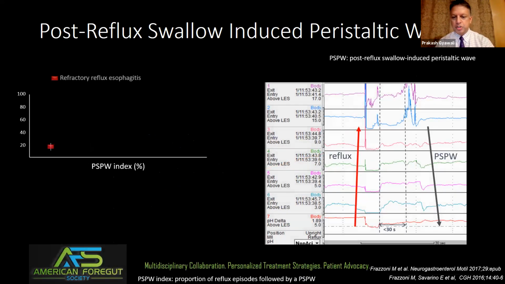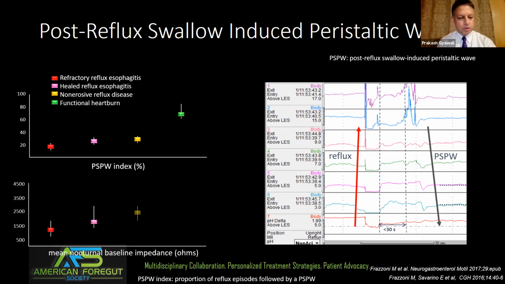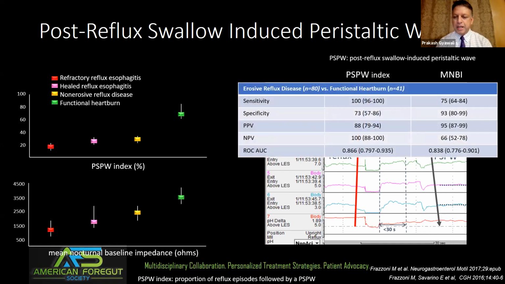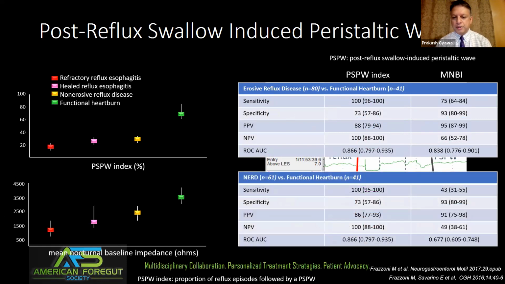So there's a relationship there. And indeed, the PSPW index can phenotype reflux disease into various categories, as shown by the Italians. Now, the baseline impedance can also do that. So these are the two neurometrics that may have some value in segregating true reflux from non-reflux situations.